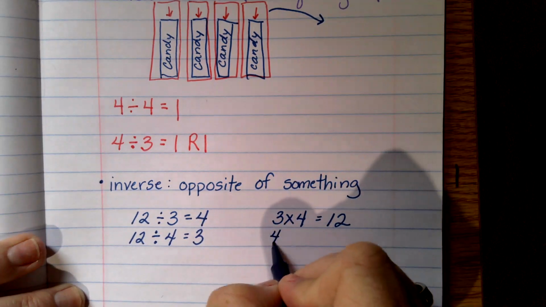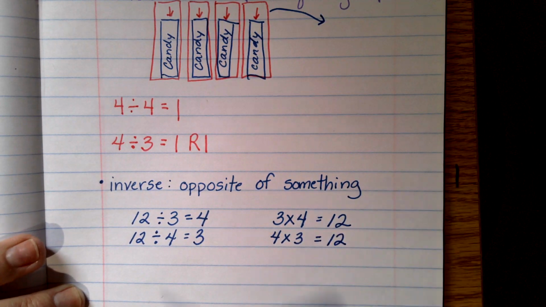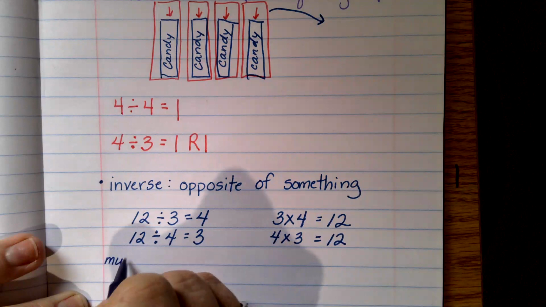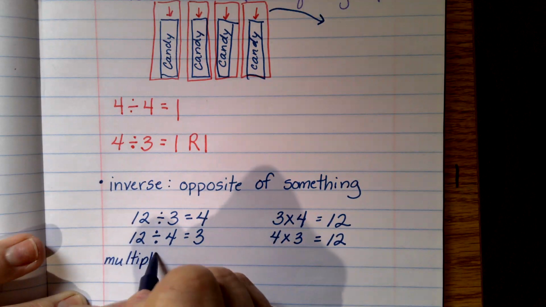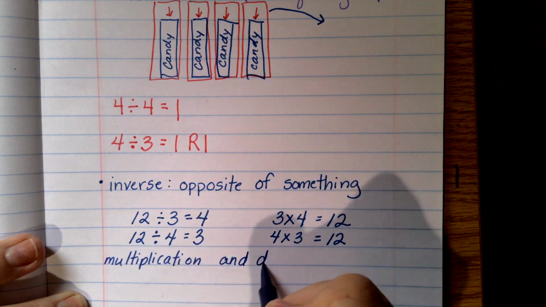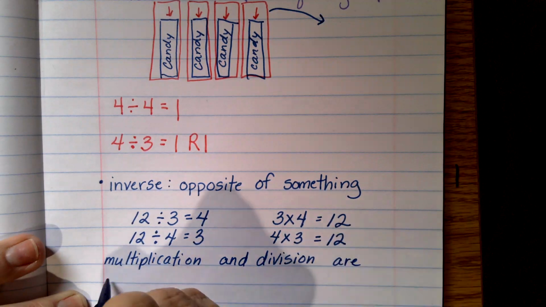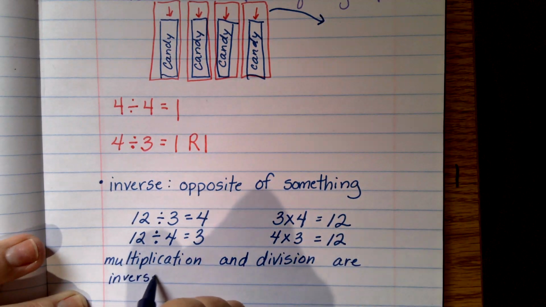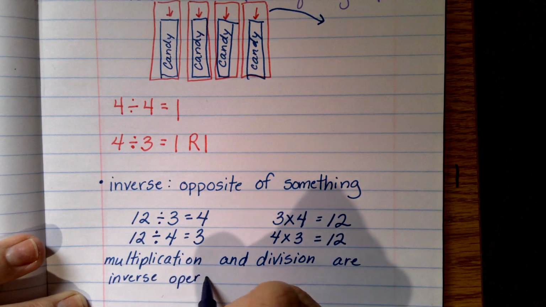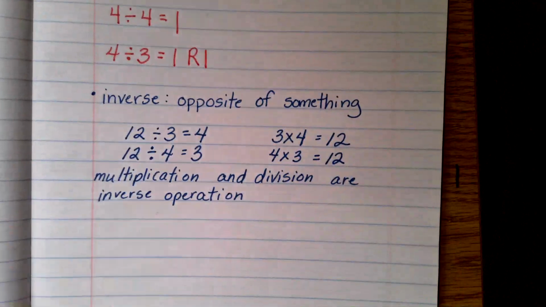And we could say 4 times 3 equals 12. Multiplication and division are inverse operations. Much the same, addition and subtraction are inverse operations. You can undo subtraction by doing addition, and you can undo addition by doing subtraction.